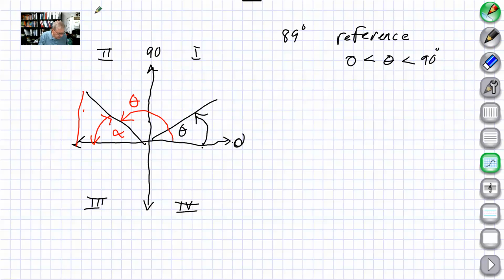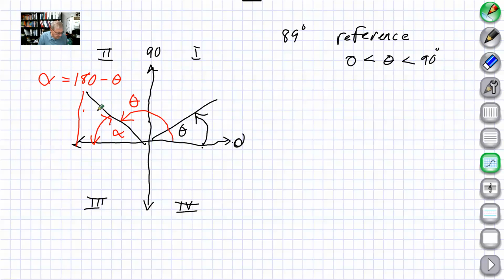So how can I find it? Well, the book has an easy way to remember. Alpha, this reference angle in here, would equal 180 minus theta. Let's say theta was 179. Our reference angle would be 180 minus 179, which is 1 degree.